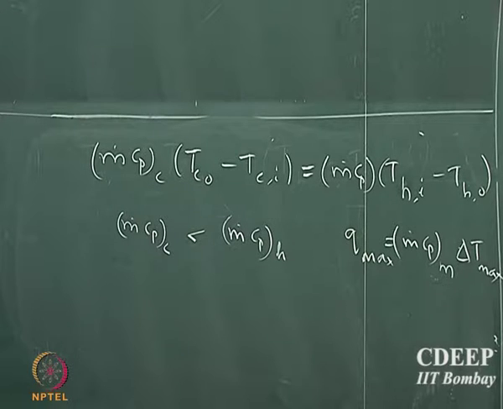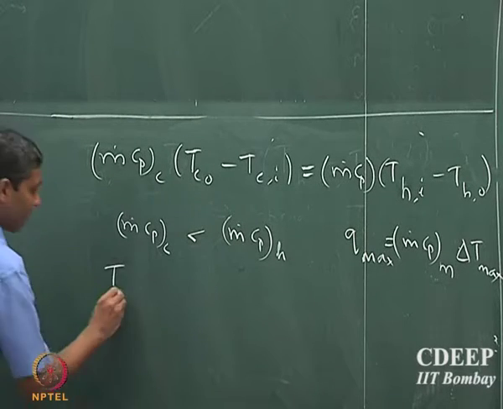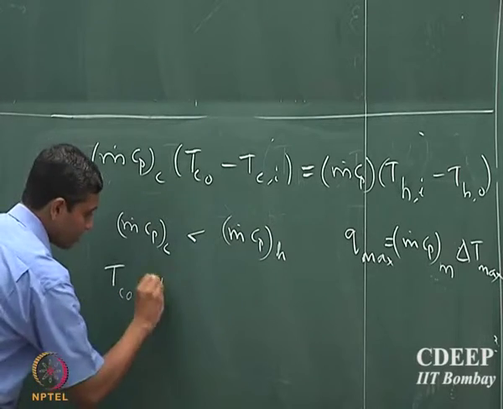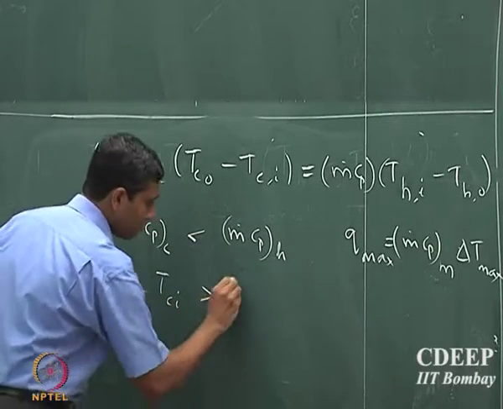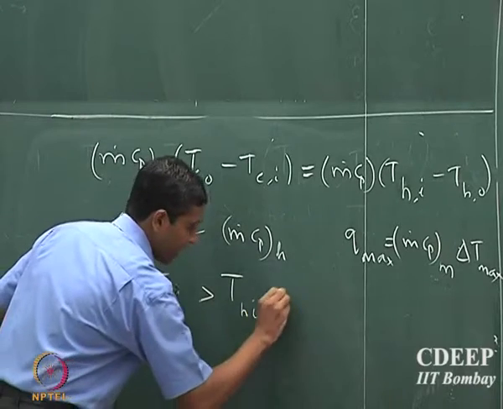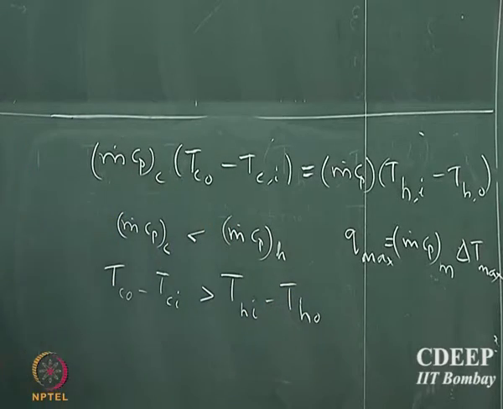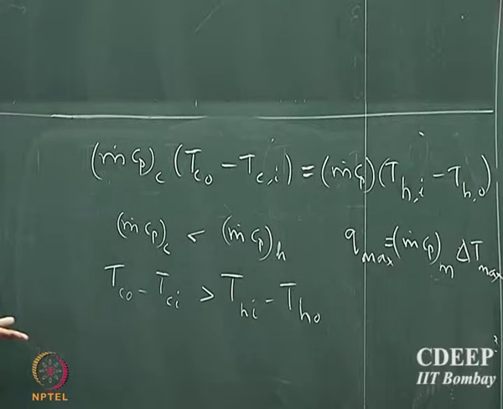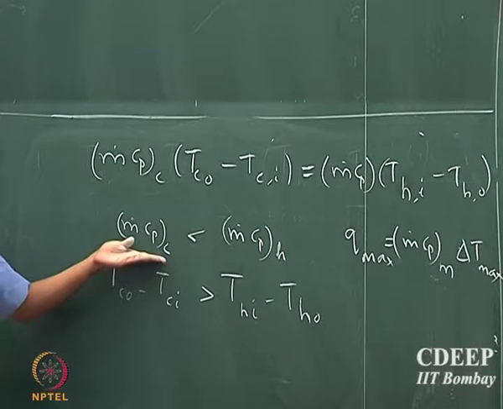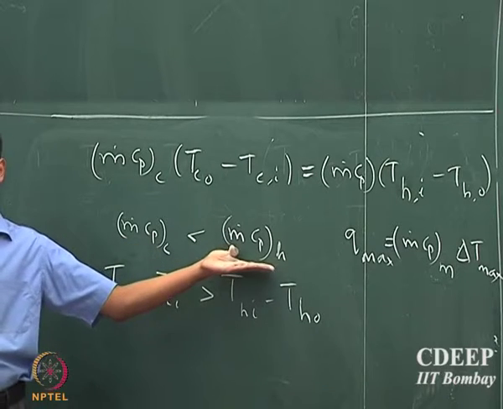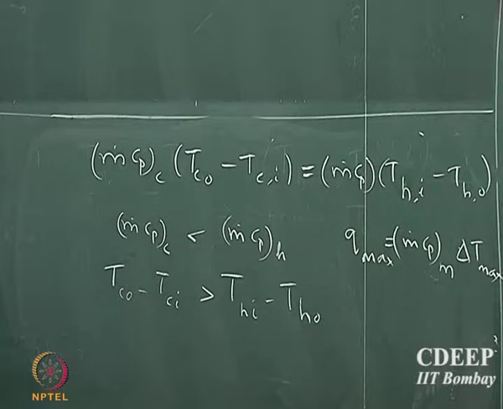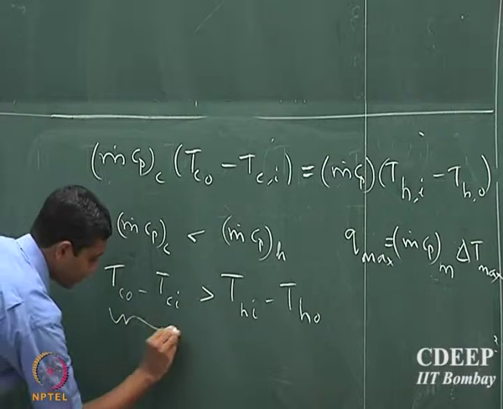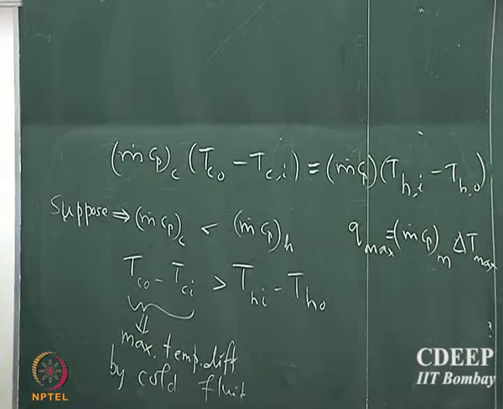It's the cold fluid. So it's very easy to see that. TCO minus TCI will always be greater than THI minus THO. So that gives you a very clear way to find out which stream is theoretically possible to have the maximal temperature difference. So if the m dot Cp of the cold fluid is less than the m dot Cp of the hot fluid, then it is the cold fluid which will always achieve the maximal temperature difference.